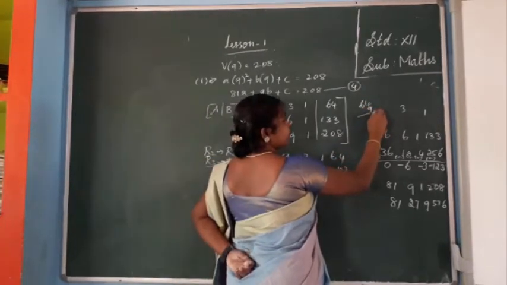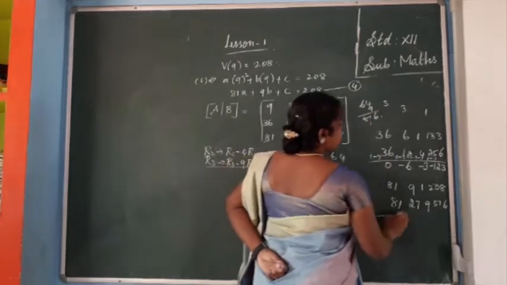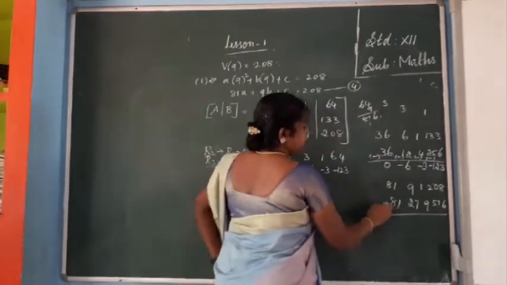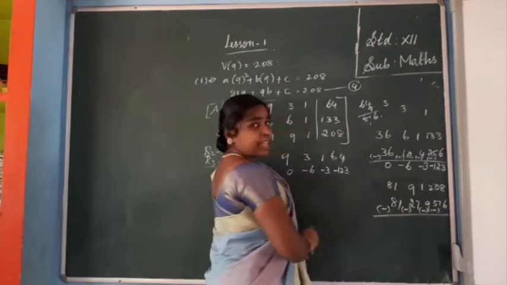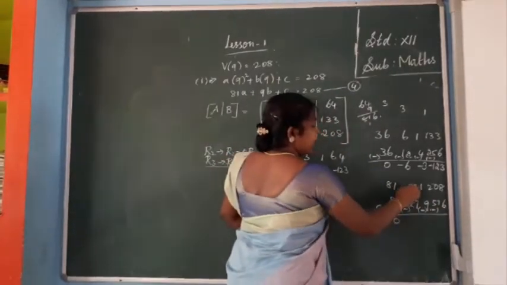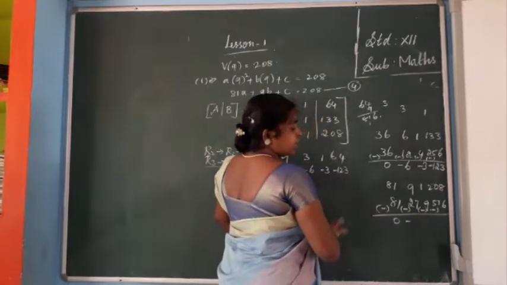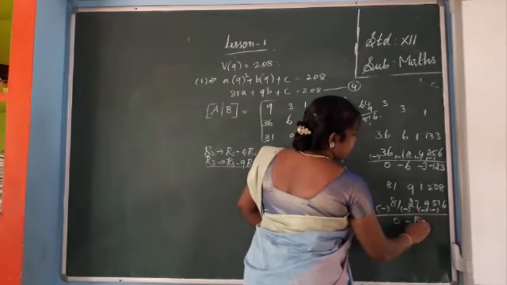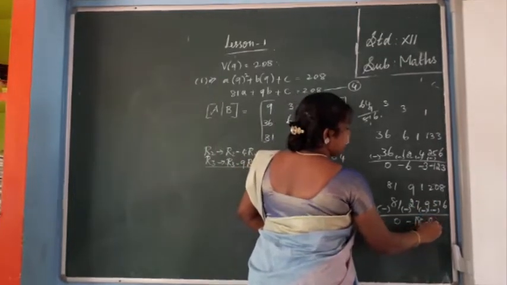So 576. Now you subtract: minus, minus, minus, minus. 81 minus 81 is 0. 9 minus 27: greater is 27, so 27 minus 9 is 18, with minus sign. Next again greater, so 9 minus 1 is 8.